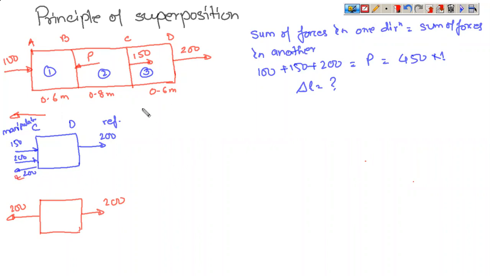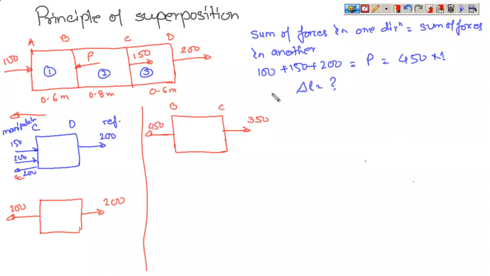Now coming to the other section, the other section is BC. If you look at BC, 150 is here, 200 is here, so you have 350 here. If you have 350 here, this P you have already calculated as 450. So again, this is your reference and this is your manipulator.